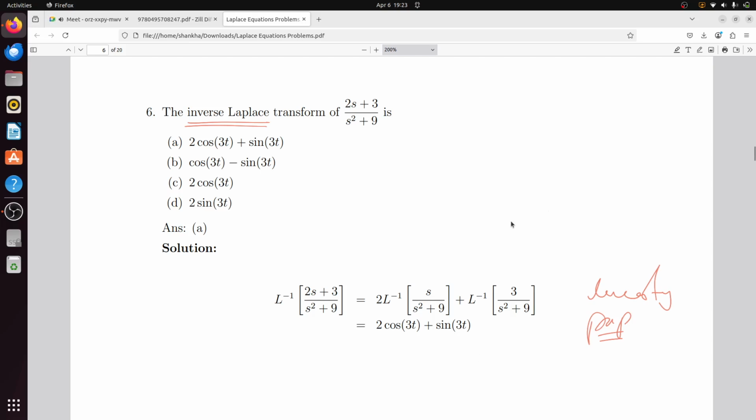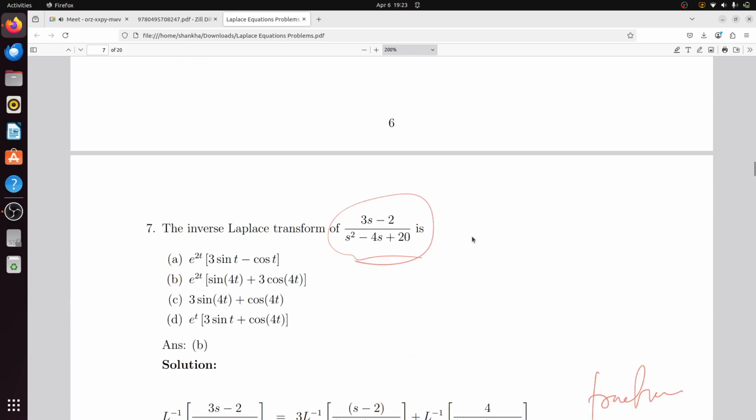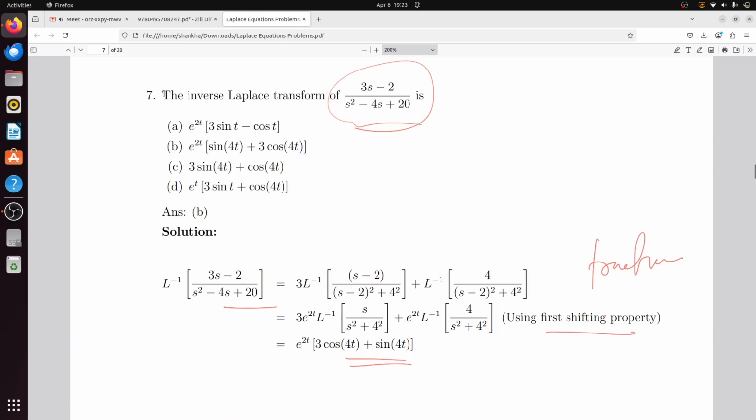Okay, so next move to the next problem. The inverse Laplace transformation of 3s minus 2 by s square minus 4s plus 20. Once again, see how you will solve. Take this 3 outside.